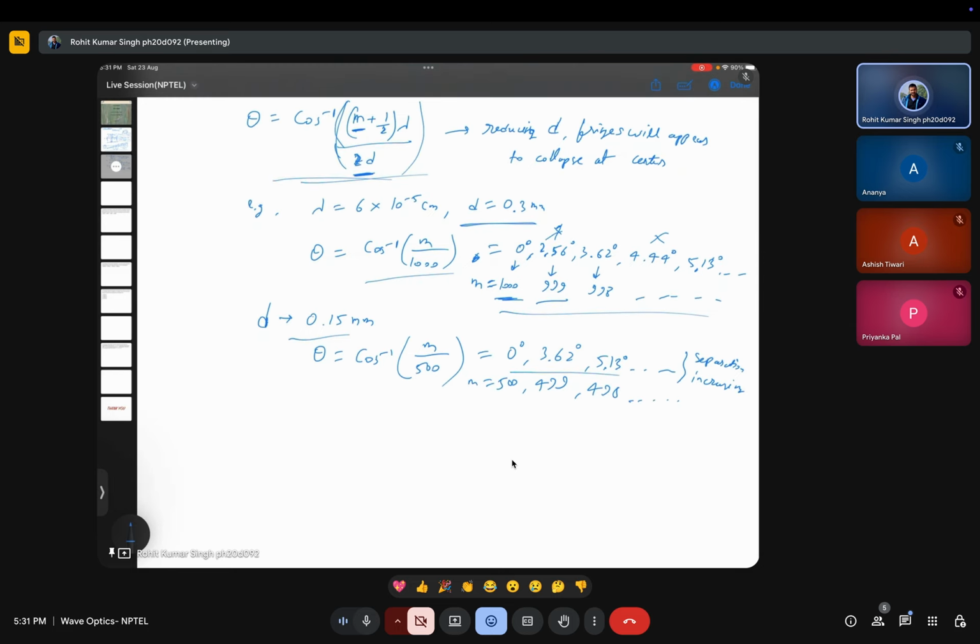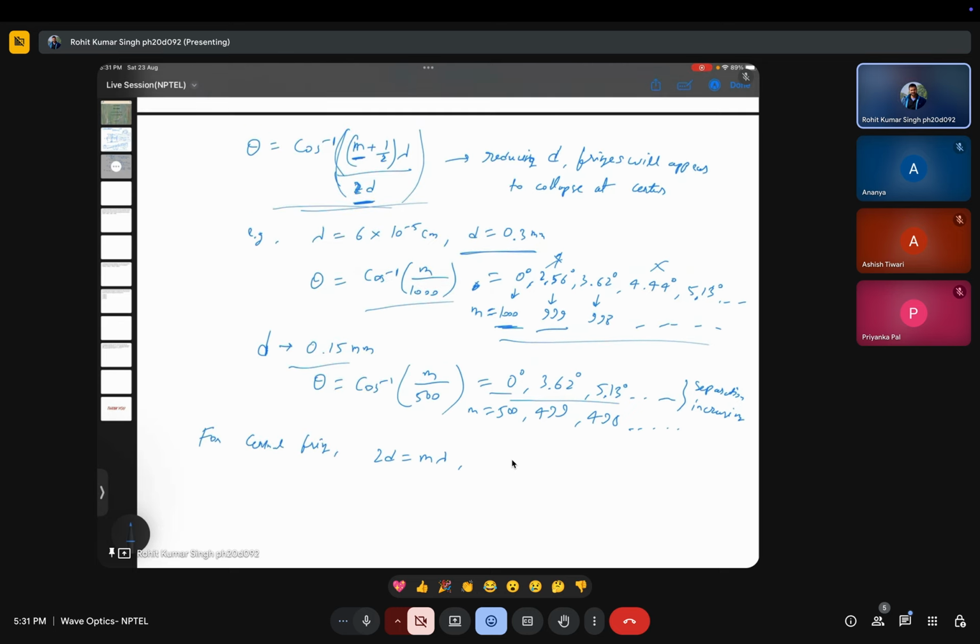Now for the central fringe here, theta is 0, so cos theta is 1. We can write just 2d is equal to m lambda for the case of minima.